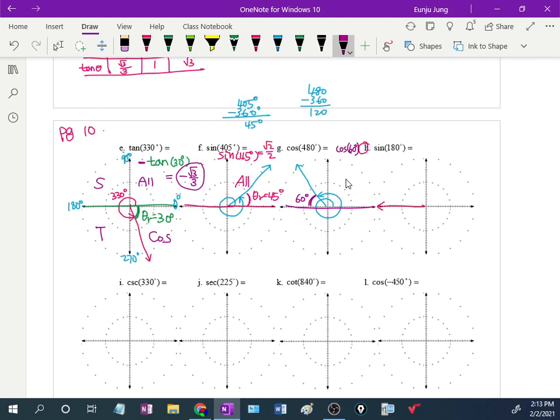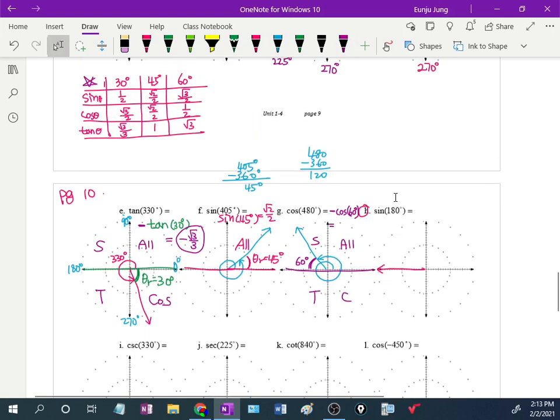Now let's check the plus minus sign, okay? All students take calculus. In the second quadrant, sine is only positive. So what is the cosine value? Negative, right? So this will be negative. Now let's find what is cosine 60 degrees. Cosine 60 degrees, root 3 over 2. Is it? No, it's not. What is sine 60 degrees? That's the same as cosine 30 degrees, right?